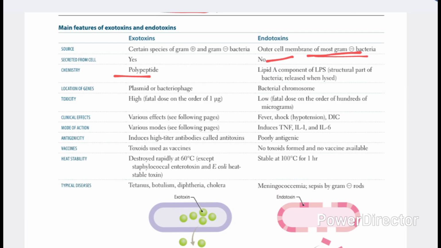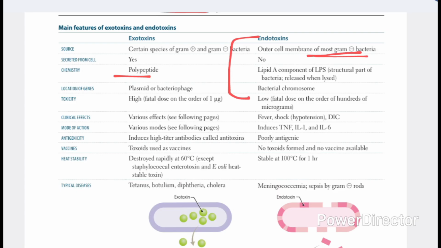The location for production of exotoxins is within the plasmid or bacteriophage, versus the endotoxins, which are synthesized by the bacterial chromosome. The toxicity is high for the exotoxins, that is, they require a low fatal dose, whereas the endotoxins require a high fatal dose.